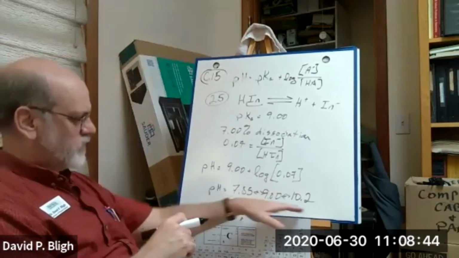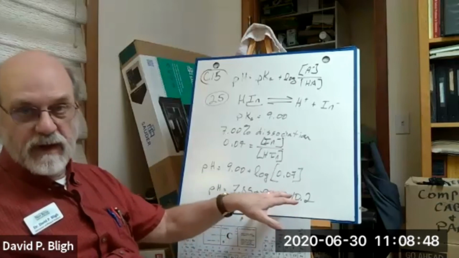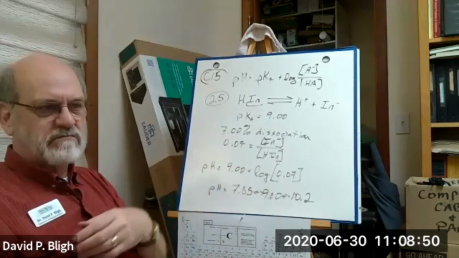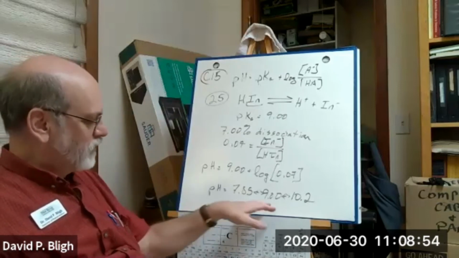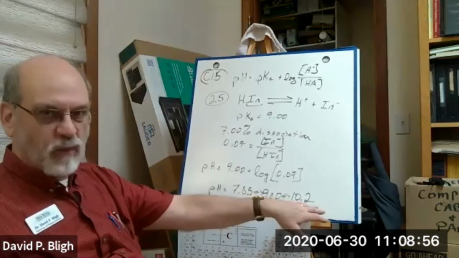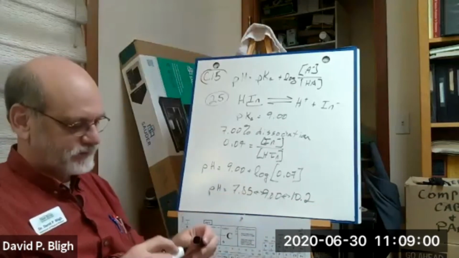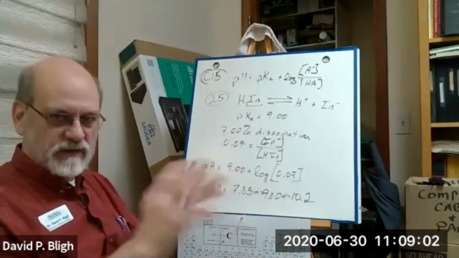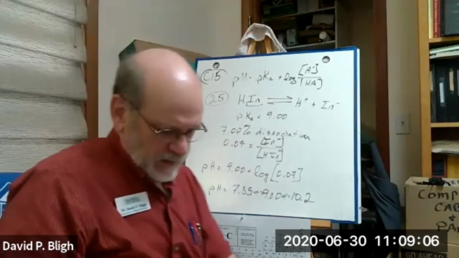So there's your range. That's the actual range. Before we talked about rule of thumb, right? Plus or minus 1. Well, this is plus a little more than 1, and this is minus a little more than 1, where you can see the color change. Okay.